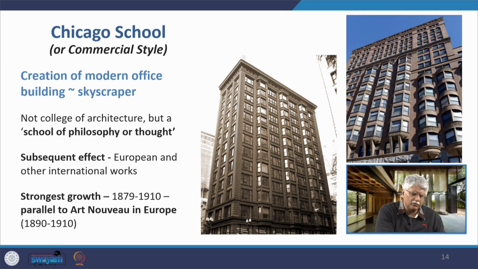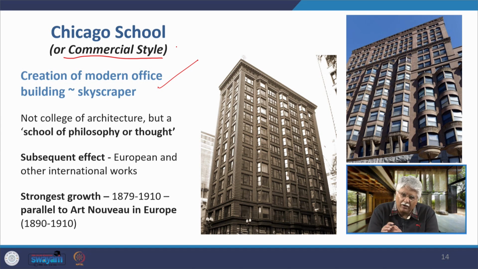America gave rise to a completely new movement that came to be called the Chicago School. Now, this was what led to the creation of the modern office building, or the skyscraper. Chicago School is not so much a movement as it came to be known as the commercial style.